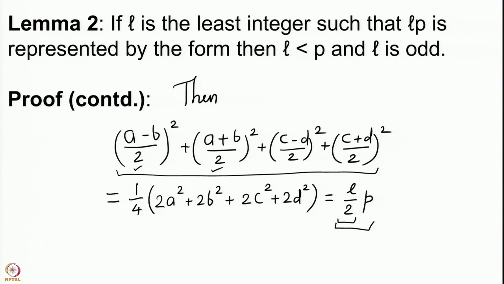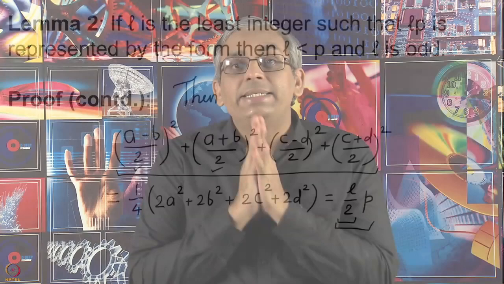So, we therefore get that L cannot be least. This is a contradiction to our assumption that L is an even integer. So, this contradiction says that this assumption that L is even cannot be true, and therefore L has to be odd.